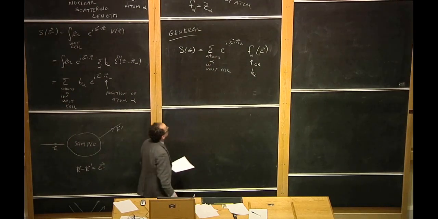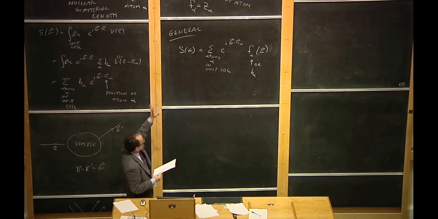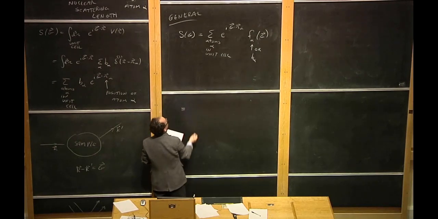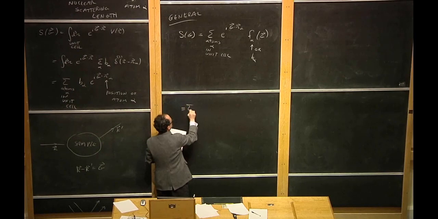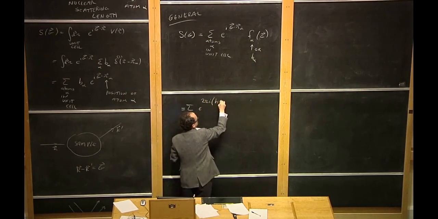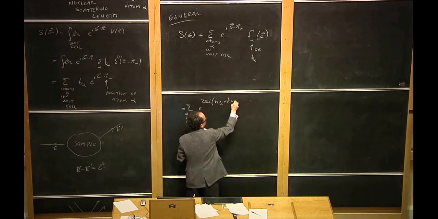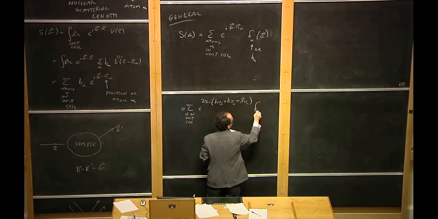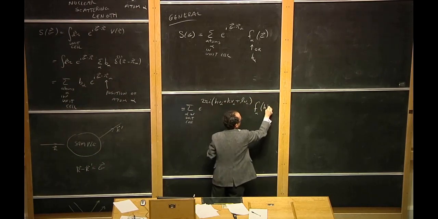It's convenient frequently to rewrite this in terms of Miller indices. So if we rewrite these statements in terms of Miller indices, we would have sum over alpha in unit cell, e to the 2 pi i, h times u alpha plus k times v alpha plus l times w alpha, of f sub alpha hkl.